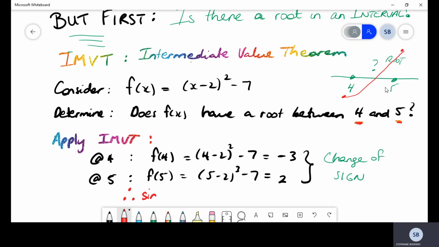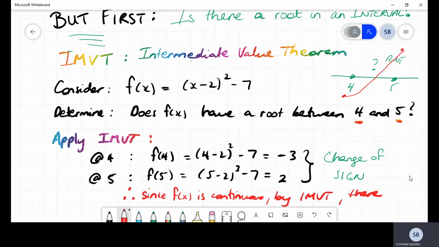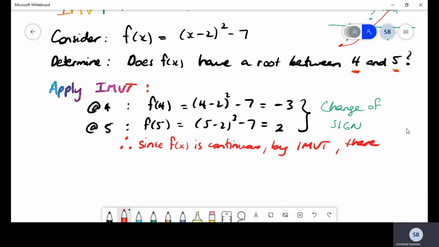since this function is a continuous function, by the intermediate value theorem, there exists a root between the interval 4 and 5.